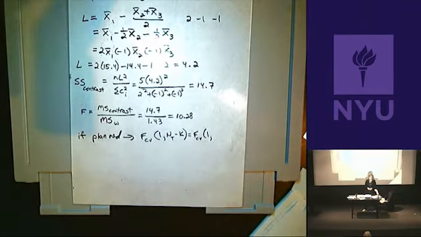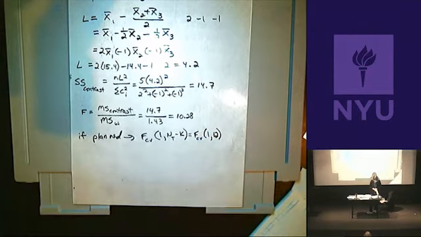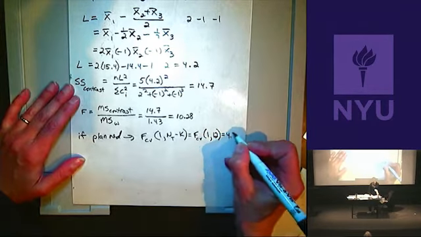I'm hearing lots of different numbers. What was N total? 15. How many groups do we have? 3. 12. 12 degrees of freedom. So if that were the case, my F critical value would be 4.75.